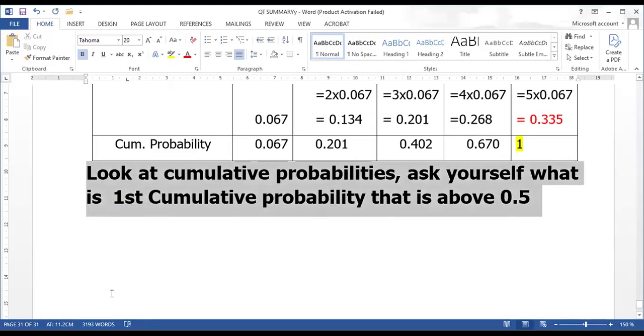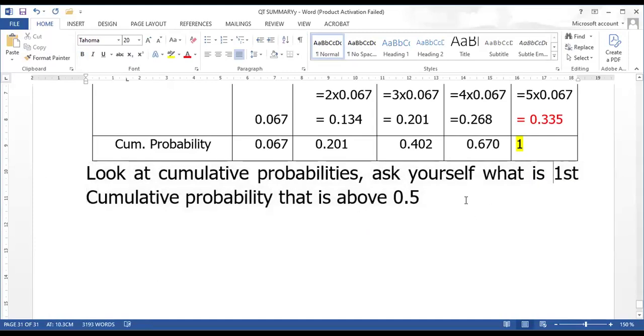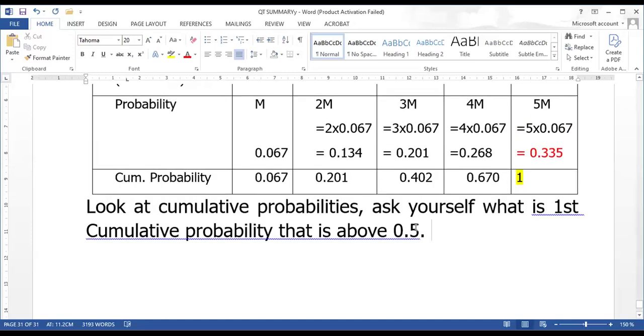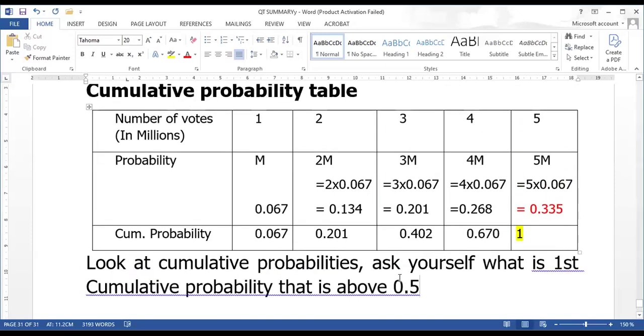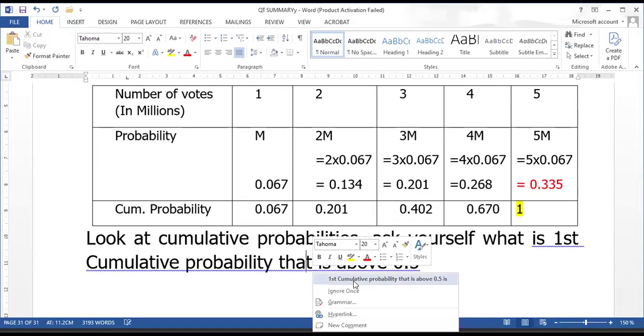So look at your cumulative probabilities. Then ask yourself, what is the first cumulative probability that is above 0.5? Where you have the first cumulative probability that is above 0.5, that will give you the median. Where do we have that figure?